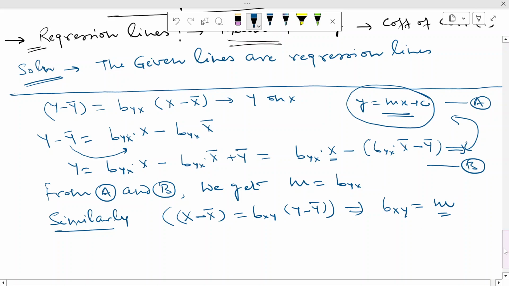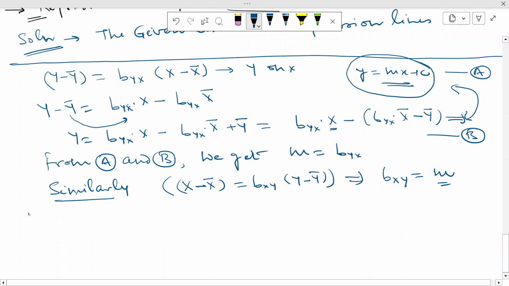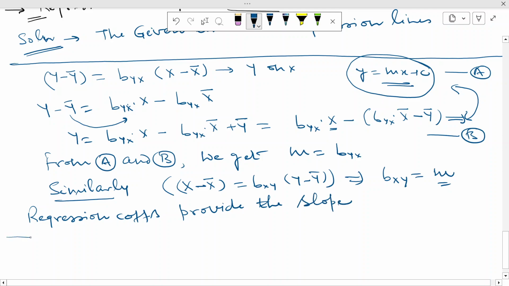So the regression coefficients provide the slope. Keep this information in your mind, it is very important.